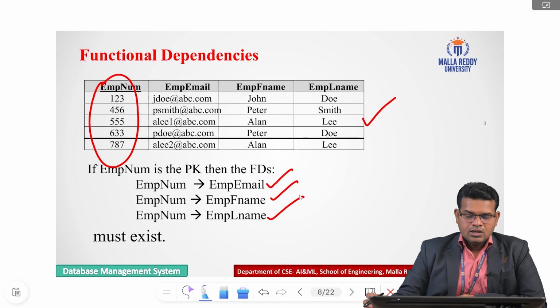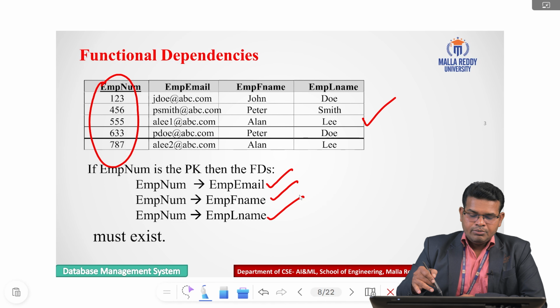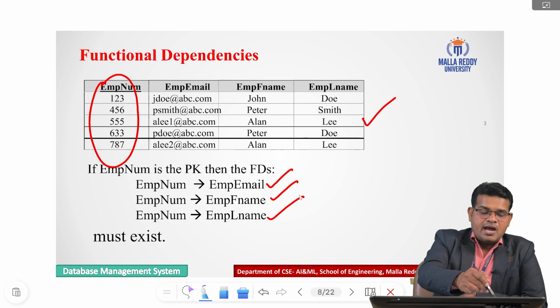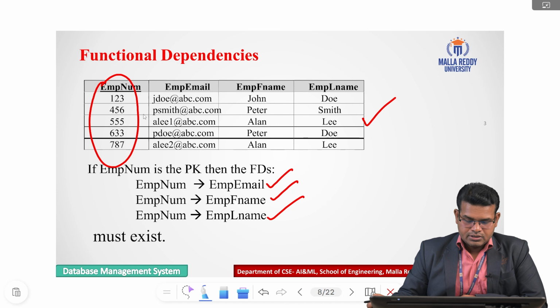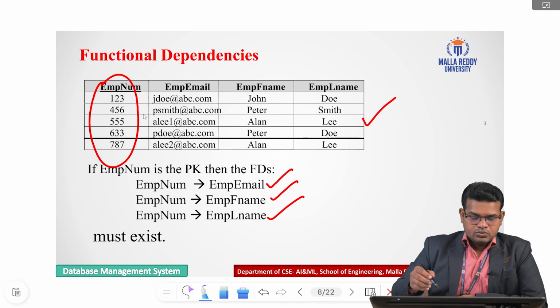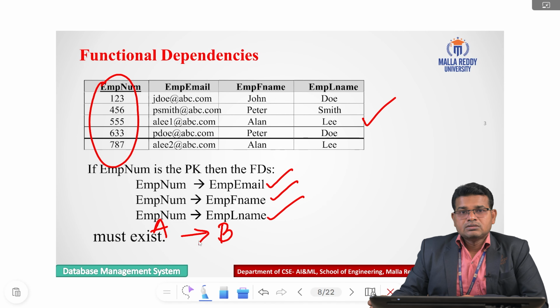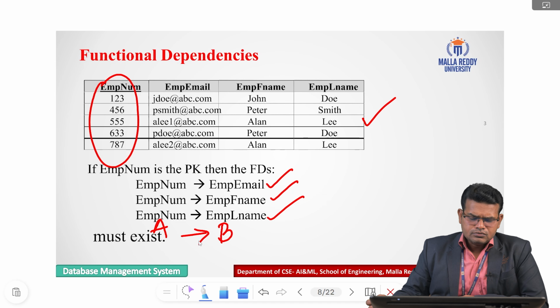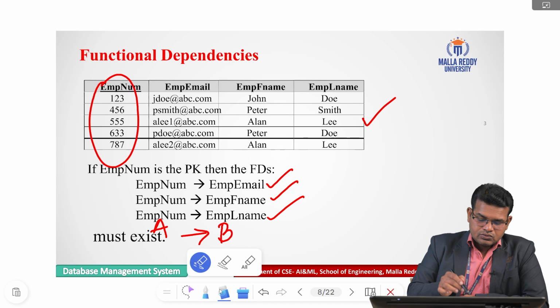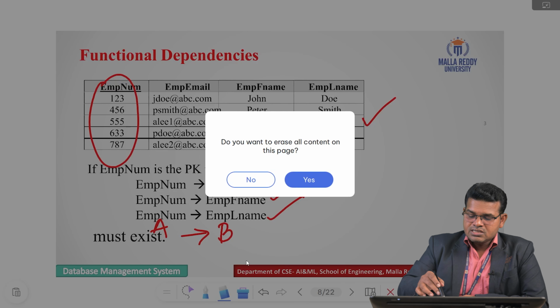So these attributes are functionally dependent on the key attribute, employee number. If employee number is A, and any other attribute determined by A is B, then we say A determines B. By this example, we can understand functional dependency in a simpler manner.